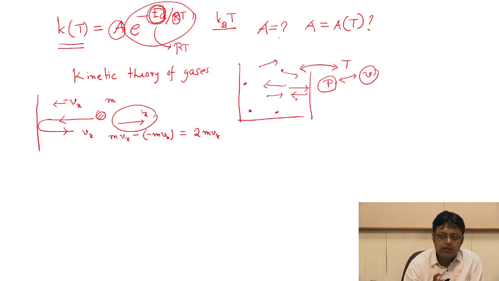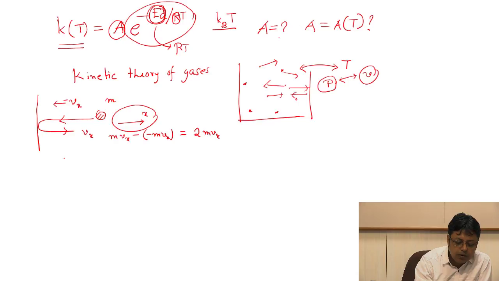What we are saying is that it is the overall magnitude of the change of momentum. If we had chosen the other way, it would just be minus twice mvx, but it doesn't matter. We are only concerned with how much the momentum is changing in magnitude.